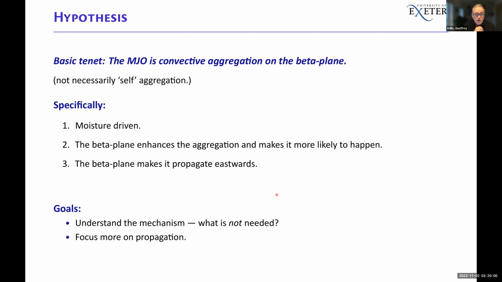But it is moisture driven, and the beta plane, which is just the variation of the Coriolis effect with latitude, enhances the aggregation and actually makes it more likely to happen. And the beta plane also provides you an east-west asymmetry, and it's that which makes it propagate eastwards.